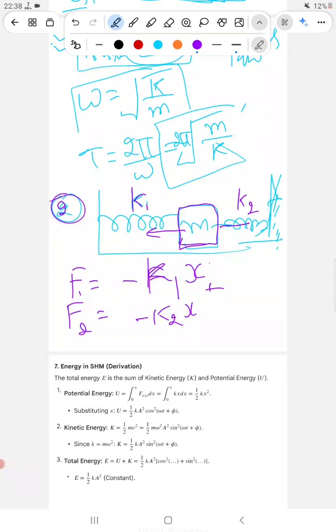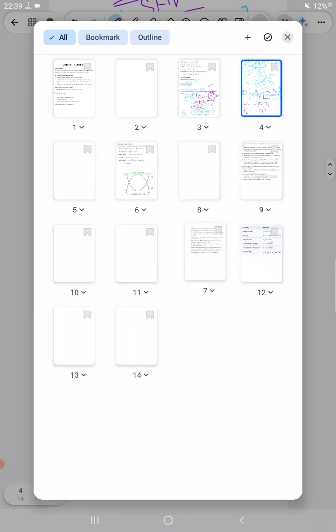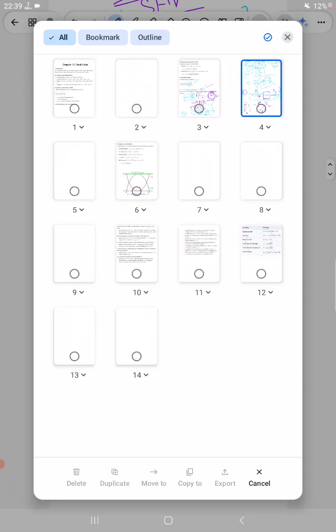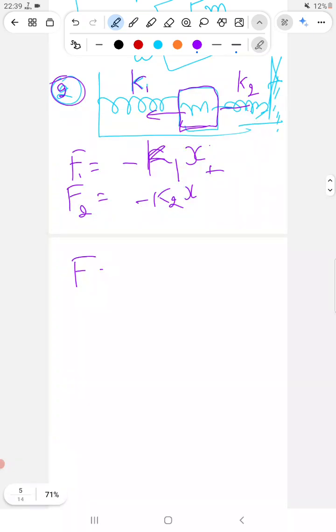You just directly add them and you will get net force is equal to minus k1 plus k2 into x.